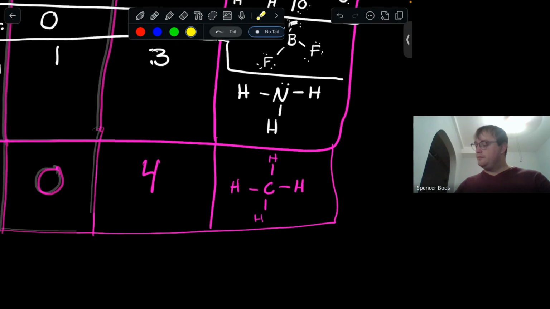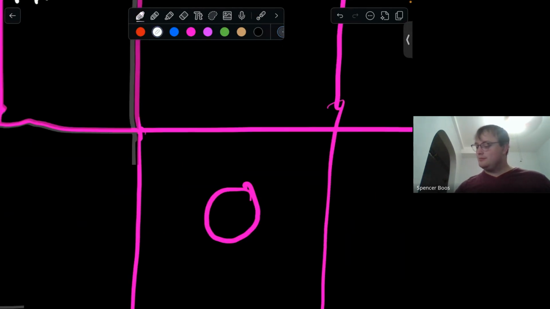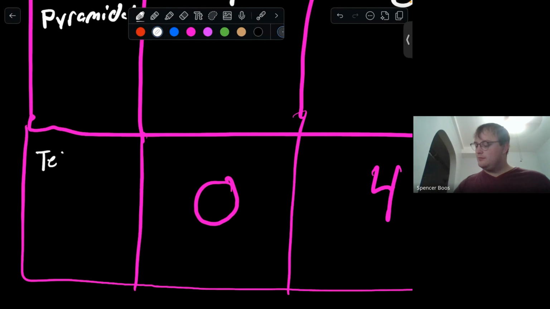Now, you may be saying, well, Mr. Boost, this is a funny shape, right? We'll call back to your covalent naming. Tetrahedral. Tetra meaning 4. 4 atoms.